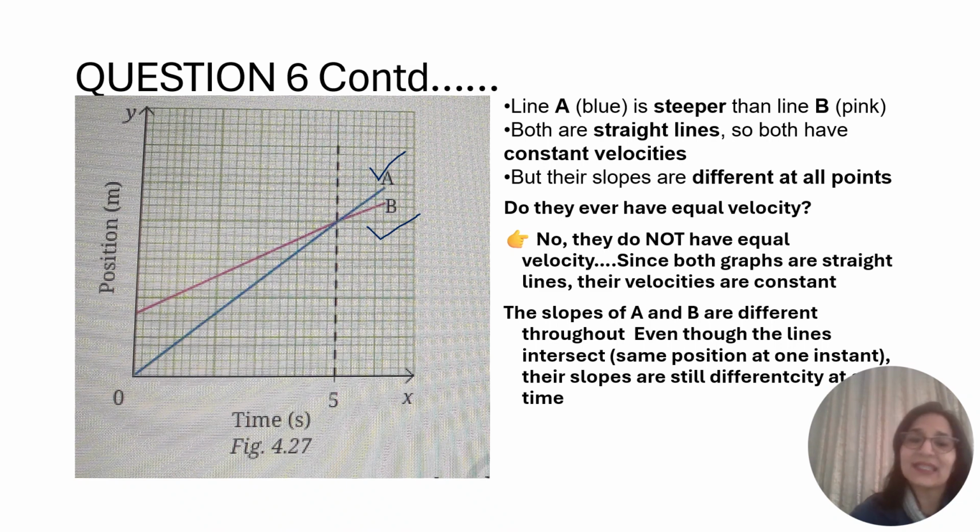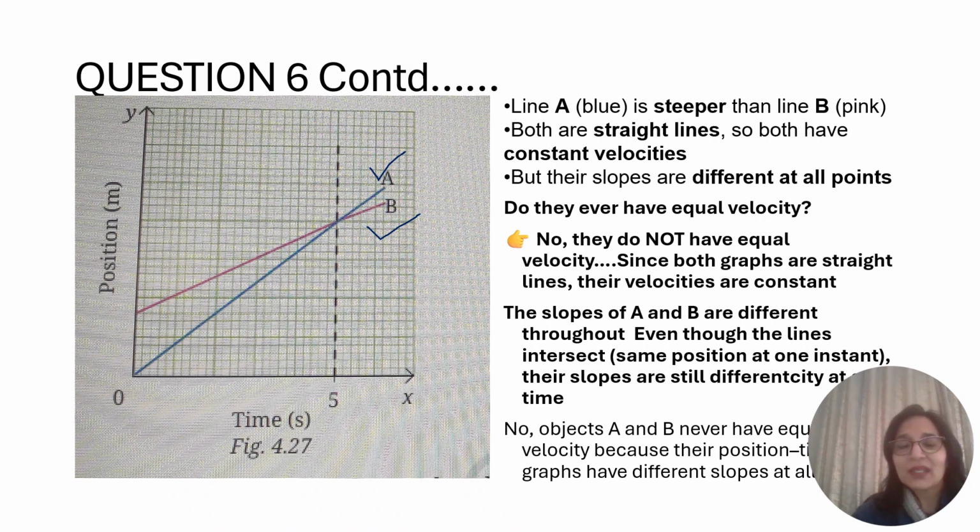Even though the lines intersect at one point, the same position at one instant, their slopes are still different at different times. So objects A and B never have an equal velocity, because their position-time graphs have different slopes.